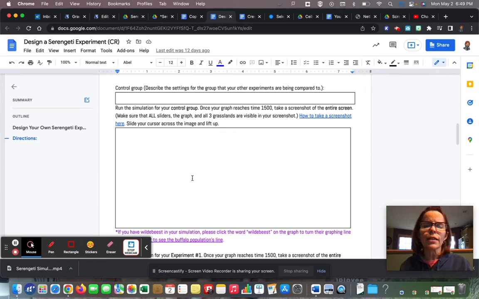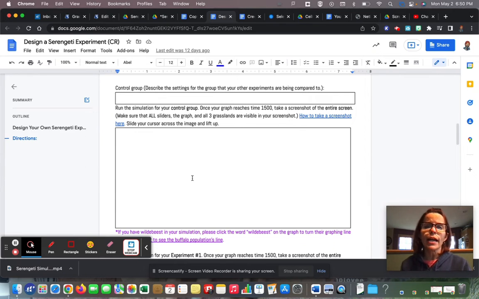So 100% is my constant. I'm sorry, I said the wrong word. It's my control group. I'm trying to think, if you were going to mess around with seasonal rains, we would say that seasonal rains happening the whole time, that's normal. That's the control group. And then you would compare it to seasonal rains only showing up midway through or no seasonal rains at all. How about if you're going to add different numbers of wildebeest?